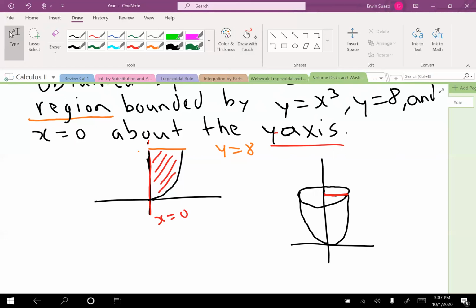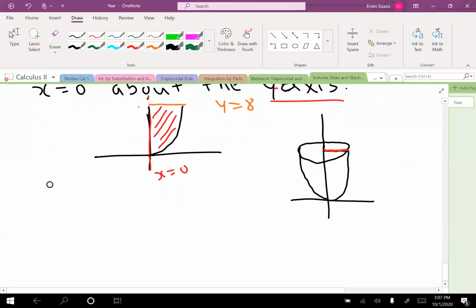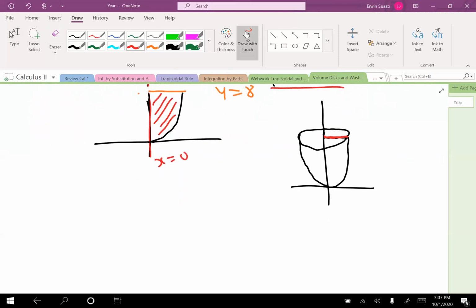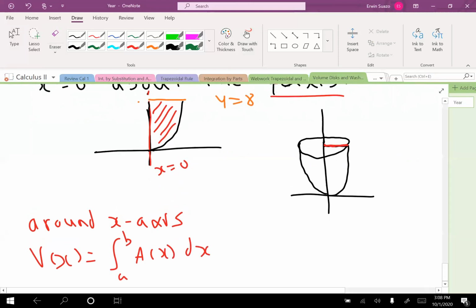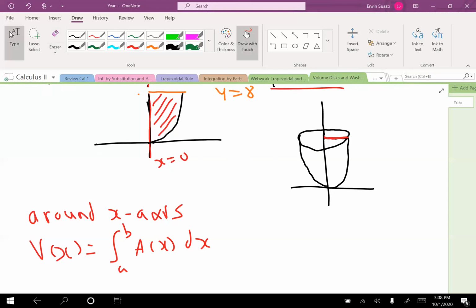When I was rotating around the x-axis, my formula was V equals the integral from a to b of A of x dx. Oh, no, actually not V of x. The volume is a number, so it's not a function. This is just volume, which will be a number.